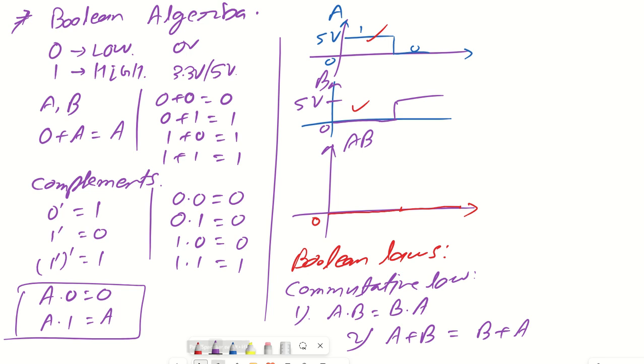Now talking about the associative law. The third one is the associative law. Let us say we have A plus B plus C. All three summation you cannot do together, you have to take only two of them at a time.